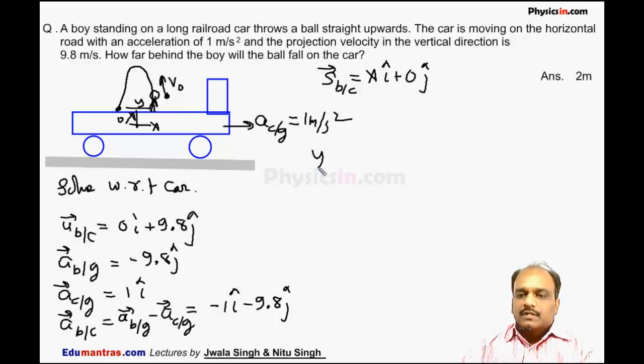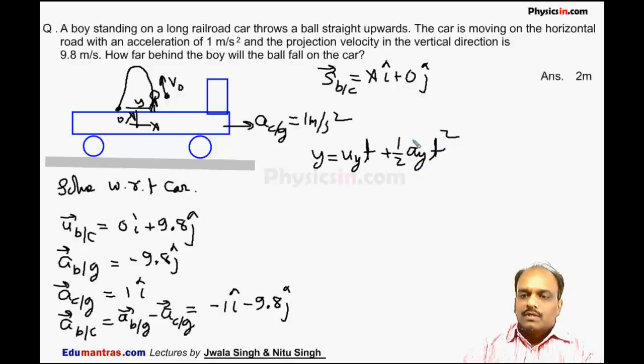So I can say the vertical displacement is equal to uy into t plus 1 by 2 ay into t squared. So vertical displacement is 0. I will substitute it here. 0 is equal to uy, the vertical velocity of the ball, 9.8 j cap into t, and acceleration ay is minus 9.8, so 1 by 2 into minus 9.8 into t squared.